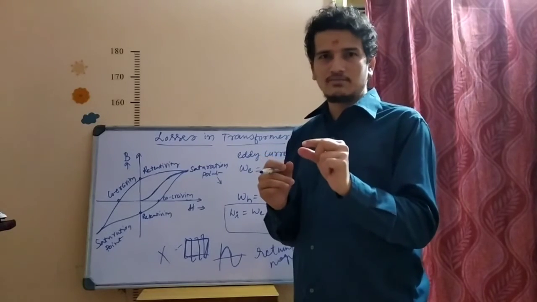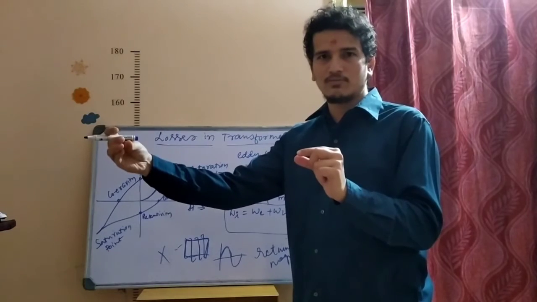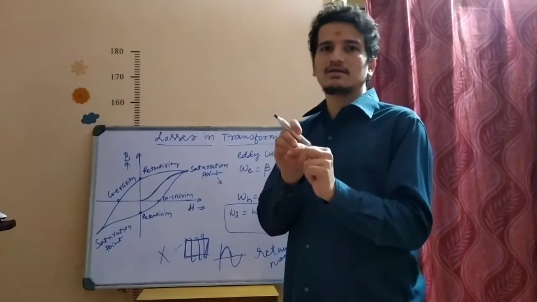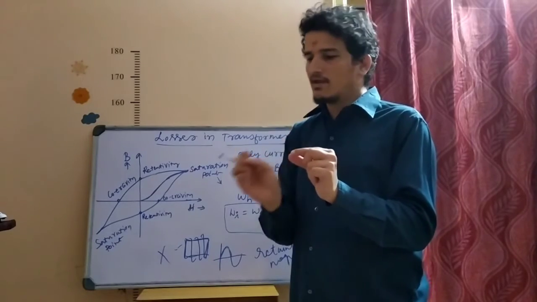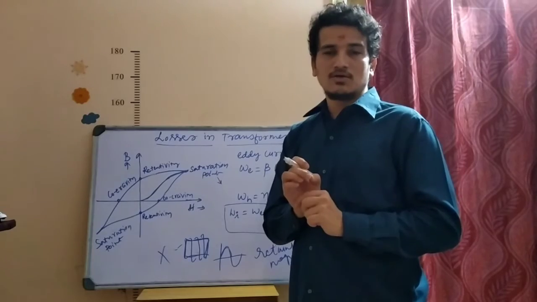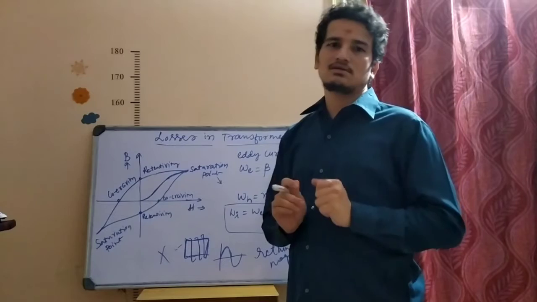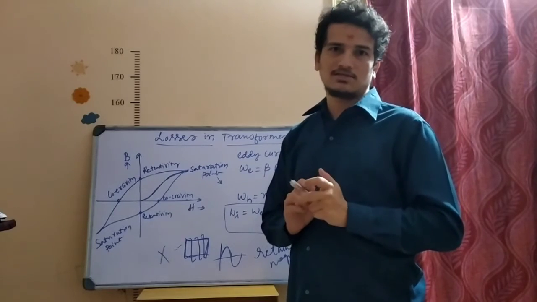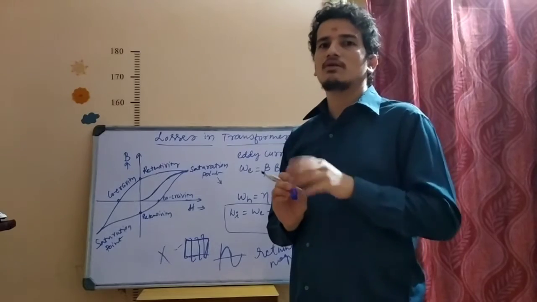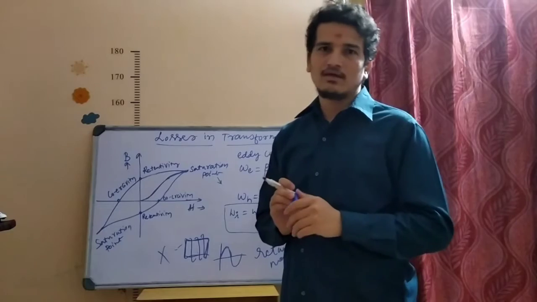You might have observed this. If an iron material is brought in contact with a magnet and suddenly I remove the magnet, this iron material retains some magnetism for some minutes. If you bring one more iron material, it will get attracted. So even if you remove the magnetization, it retains its magnetization. It will not be nullified or become zero immediately.